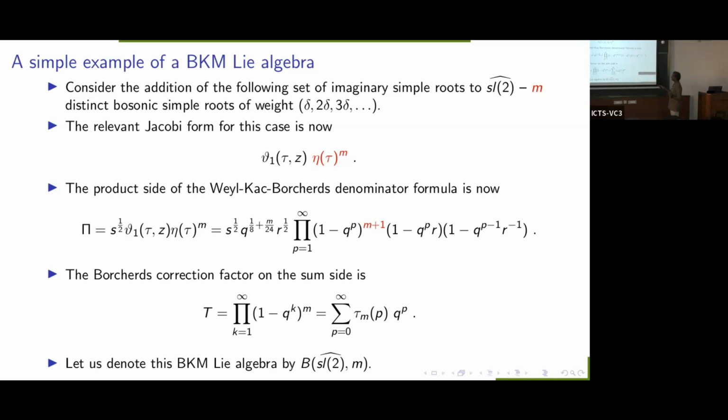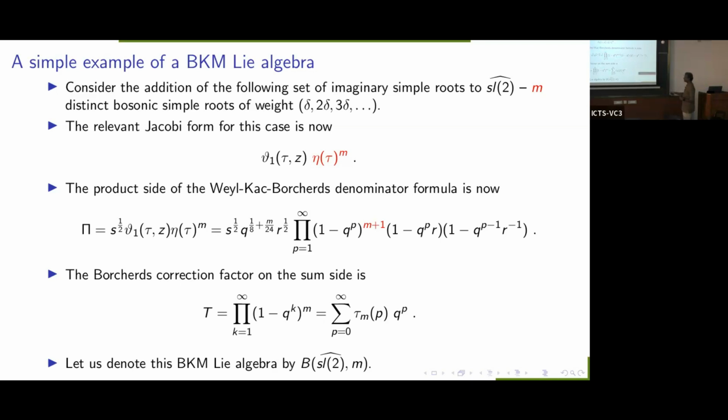Okay, so now you go back to the product side. You can easily write it, just eta as a simple thing. This part will get modified. You can see this is needed, by the way. And so you get this modification. The product side is there, and then you can work out what the correction term is. It's really kind of simple in the sense that you don't expand this.